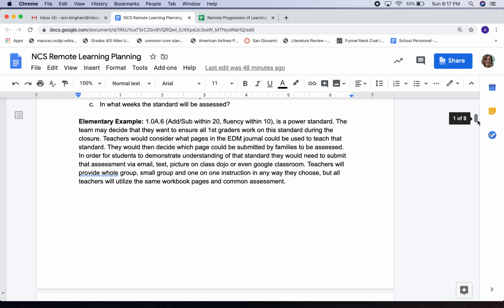So all grade levels will be utilizing the same workbook pages, common assessments, etc. Teachers, however, within K-5 do have that flexibility to do their whole group, small group, and one-on-one instruction.